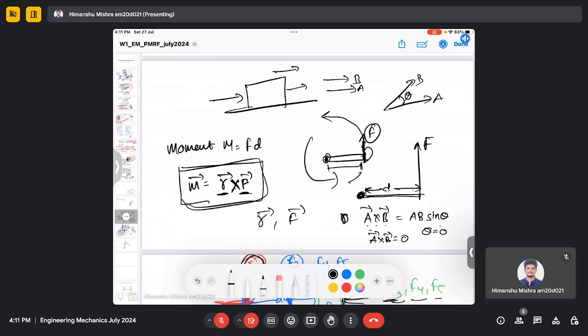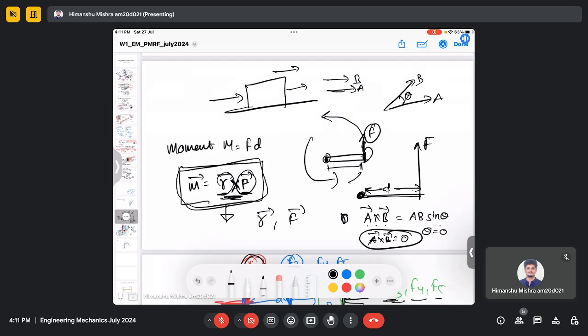So what this cross product is doing: you are considering all components of the position and force vector, but the cross product filters out the perpendicular components because the parallel components are zero. The cross product makes sure that the parallel components of A and B are zero.